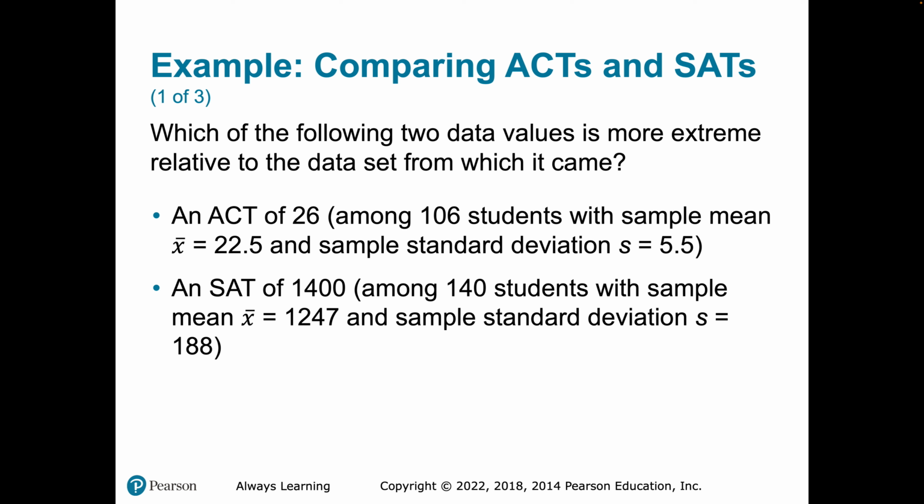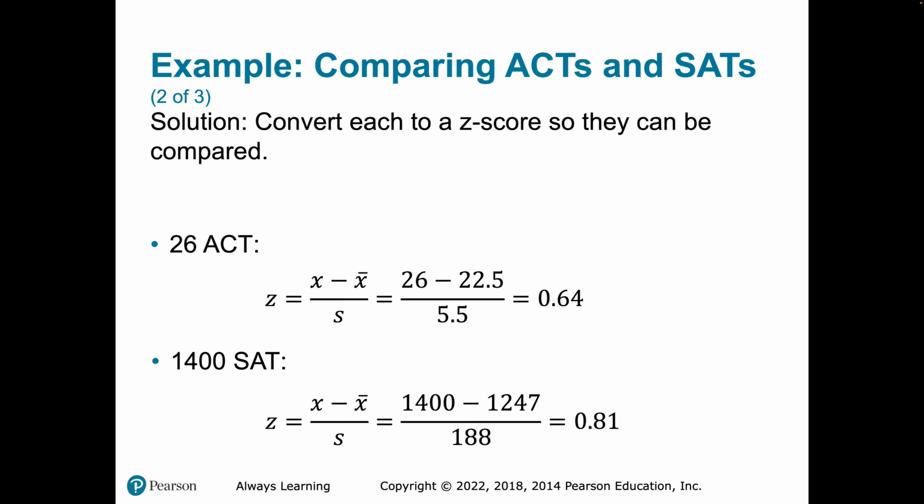Their mean was 1247, sample standard deviation 188. What's the location of an SAT of 1400 in this distribution? And then we can compare the two scores, the 1400 versus the 26. The solution here is to convert each to a z-score, a standardized score, so they can be compared.